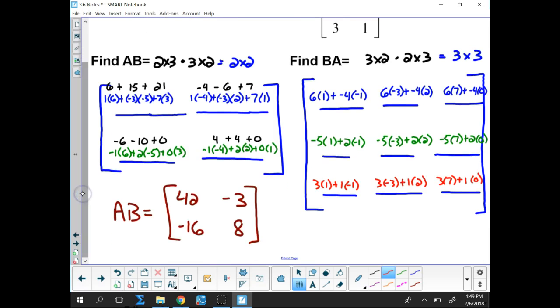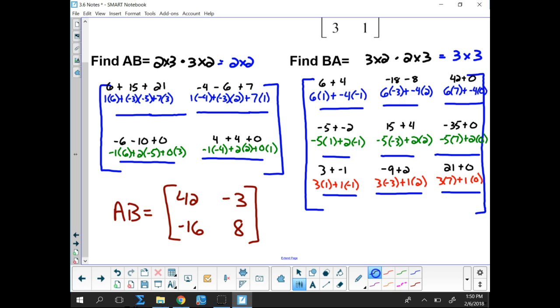So that gives me, let's do a little math in here, 6 plus 4, negative 18 minus 8, 42 plus 0, negative 5 plus negative 2, 15 plus 4, negative 35 plus 0, 3 plus negative 1, negative 9 plus 2, 21 plus 0.